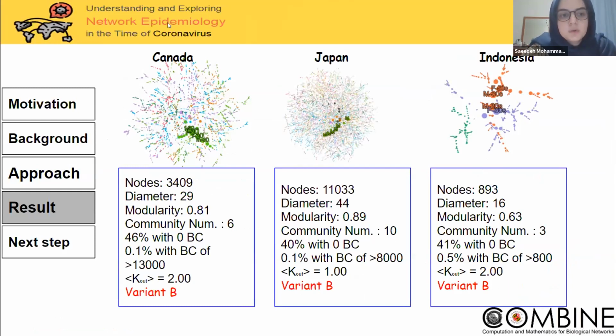About 40% of the nodes have betweenness centrality of 0 and 0.1% have a very high betweenness centrality. This behavior is seen in all of the networks shown here. You can see that there is no significant difference in the structural properties except clearly the network size. These countries are believed to have been infected with variant B of COVID-19.